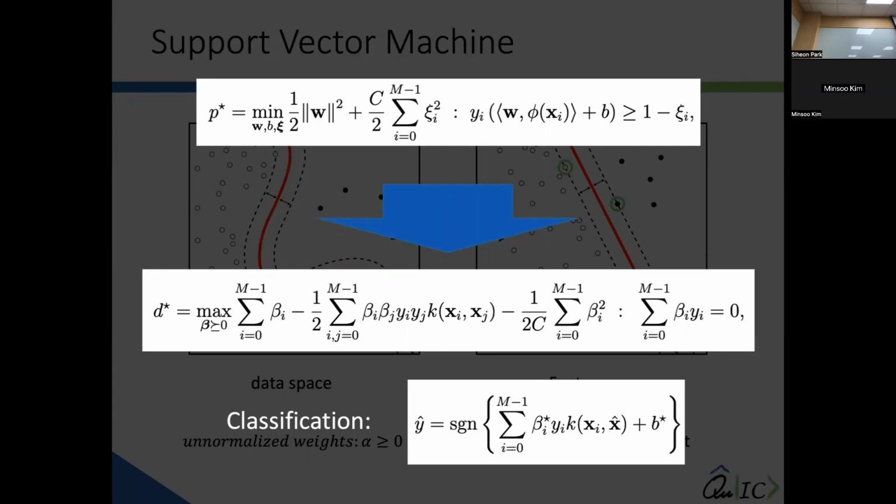Ultimately, all the data should be on either this side or this side, but some of the data can penetrate through this plane. The amount that penetrates is represented by the slack variable eta.